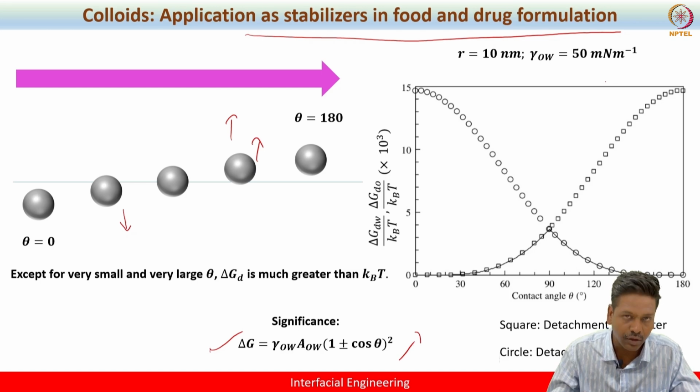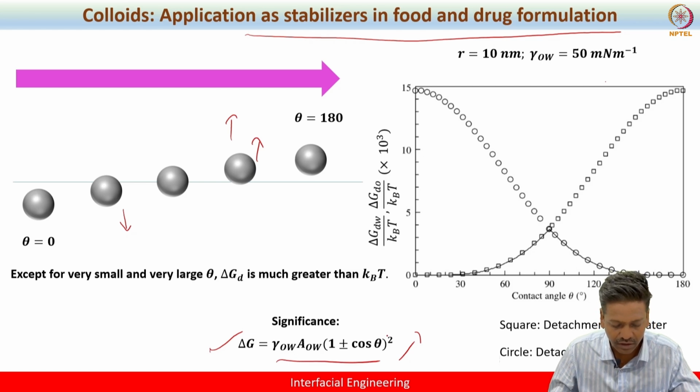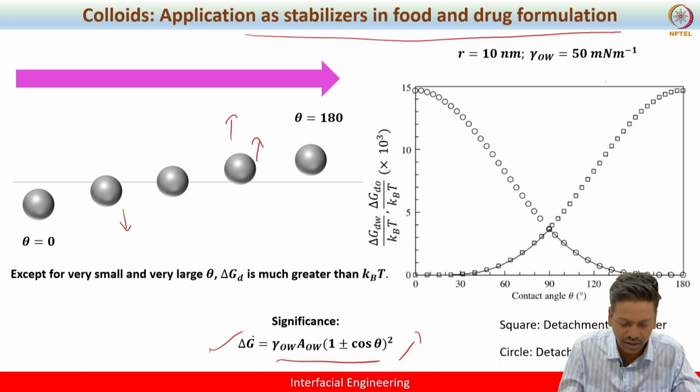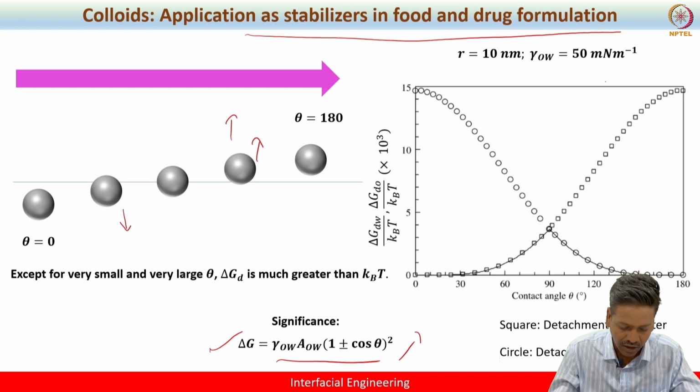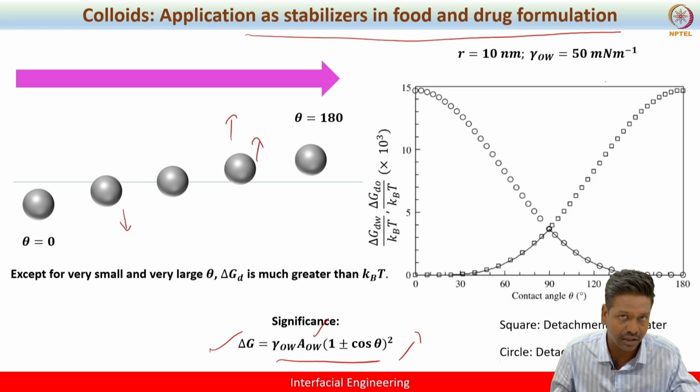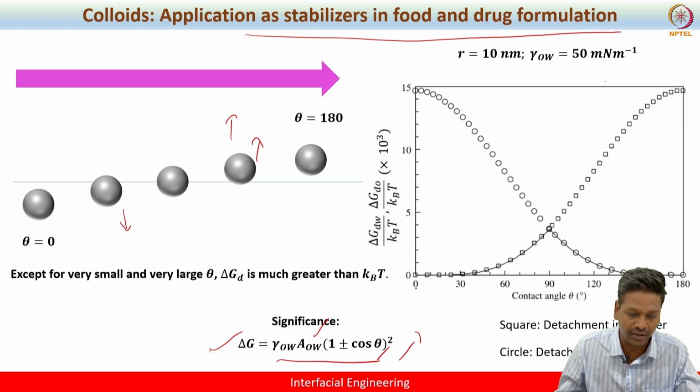One can quantify this using this relation, by knowing the interfacial tension of a given interface, let's say water-air or water-oil, and the interfacial area, which is basically a function of the radius of the particle. One can easily calculate that. And theta, right? By varying the theta, how this delta G detachment varies, right?